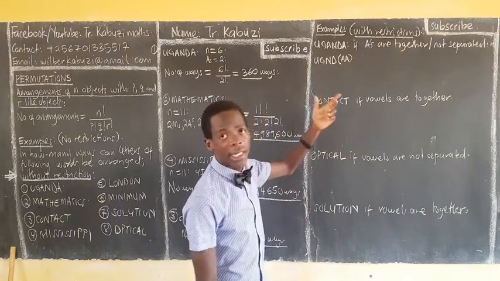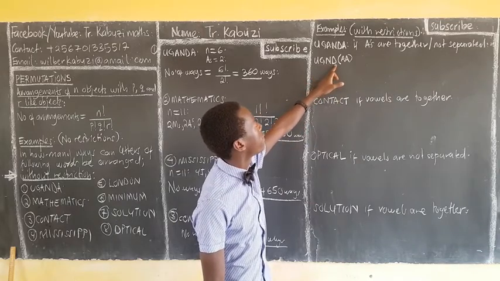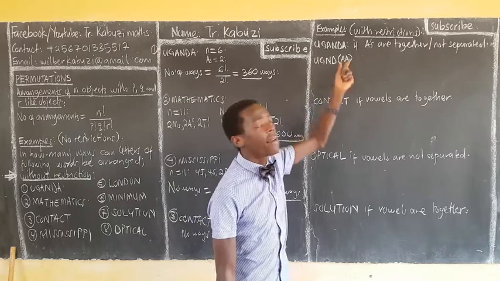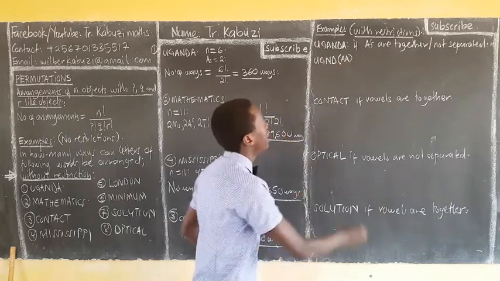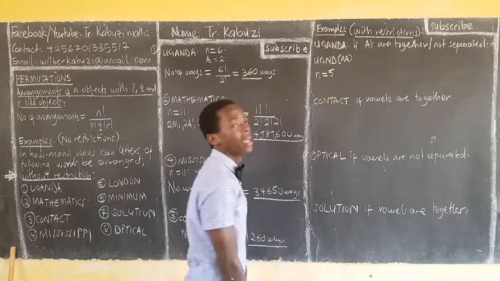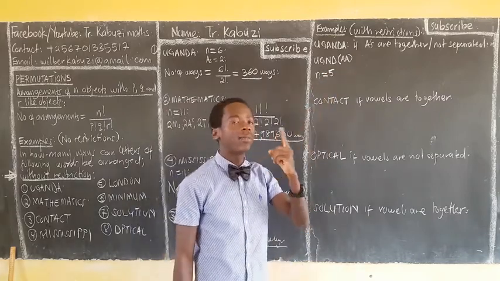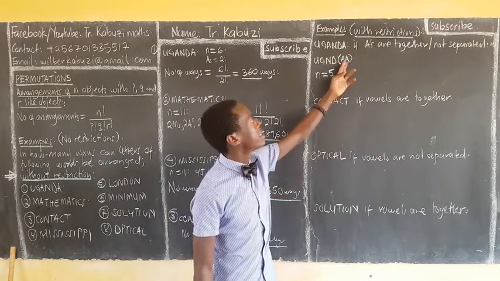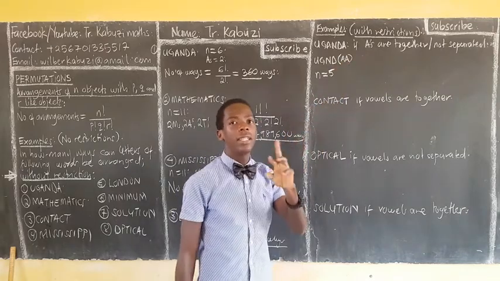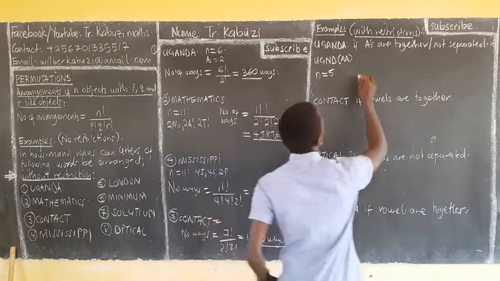In counting, you count 1, 2, 3, 4, and this is 5, treated as 1. So this time my n is 5. Then these A's can be arranged among themselves in 2 factorial ways. So look at the number of ways here.